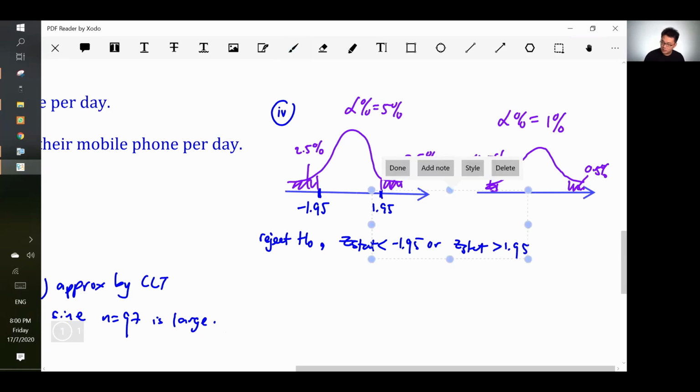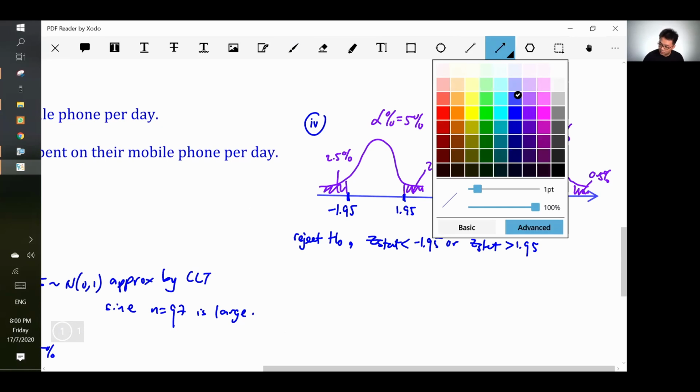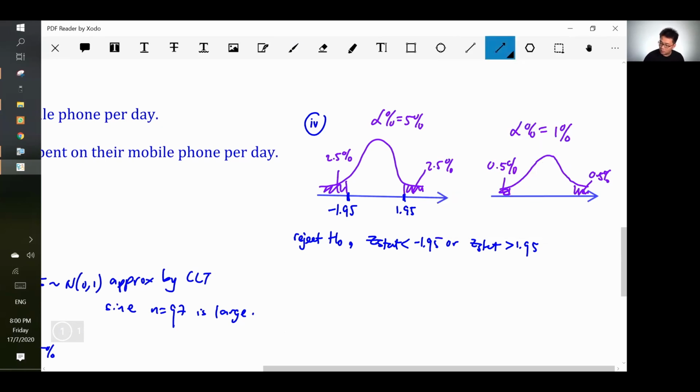So the z-stat can be anywhere here. It could be here, it could be here.